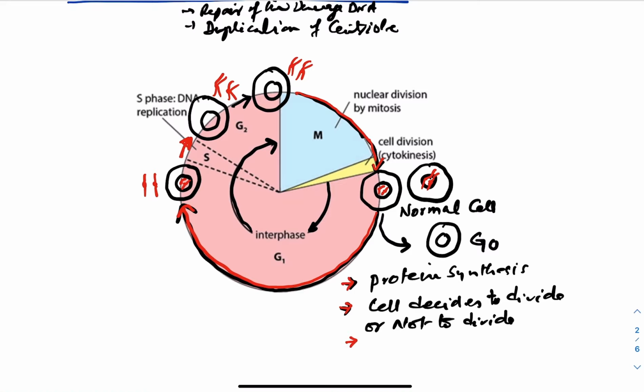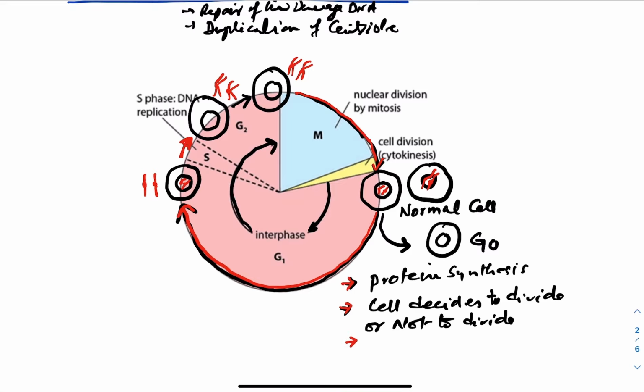This continuous progression of one cell through the different phases, finally dividing into two cells, is controlled by the genes. There are two types of genes that control this cell cycle. One are the proto-oncogenes.